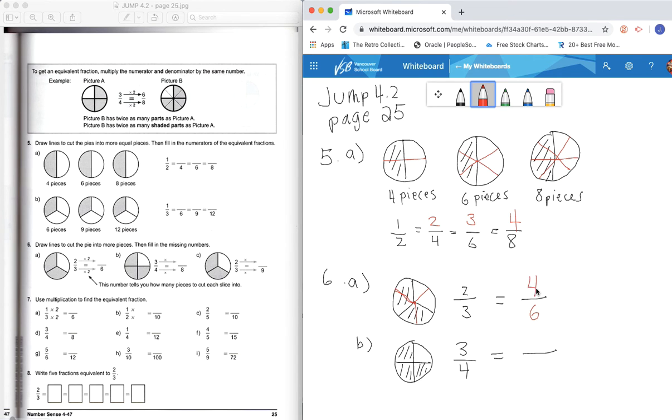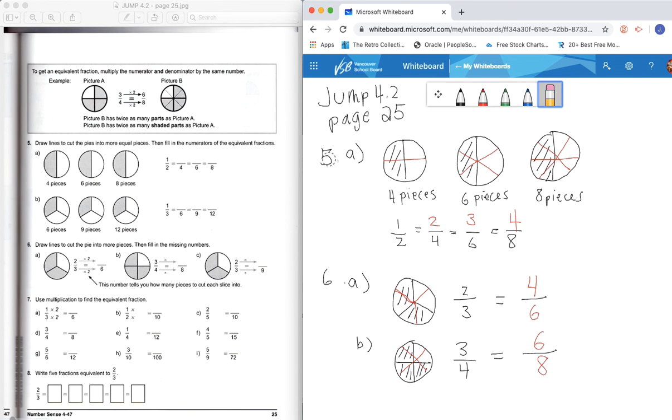So 4 have been shaded. Okay, now for B, you have to cut into 8 parts. So add a line here, add a line here. So 1, 2, 3, 4, 5, 6. All right, so 6 have been shaded. All right, you're in charge of doing C yourself.